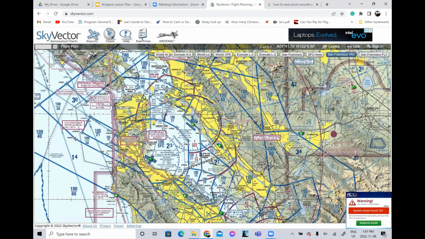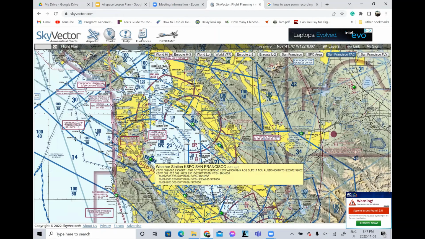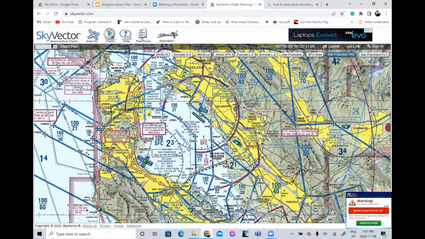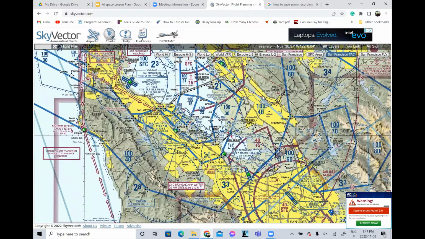So for this large sector right here, we can see that Class Bravo starts at 4,000 feet MSL and terminates at 10,000 feet. If you look at the center here, we see it starts at the surface and goes up to 10,000 feet. So when you're flying, you just got to pay attention to which sector you're in and try to find out the dimensions. So there's Class Bravo.